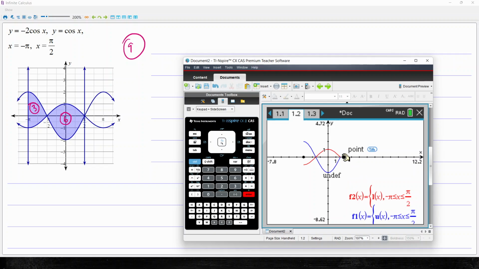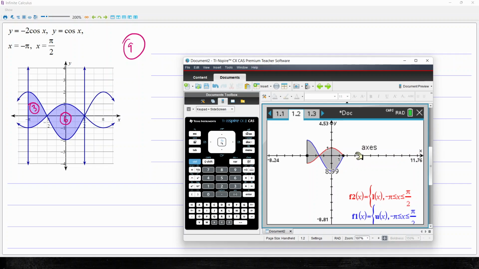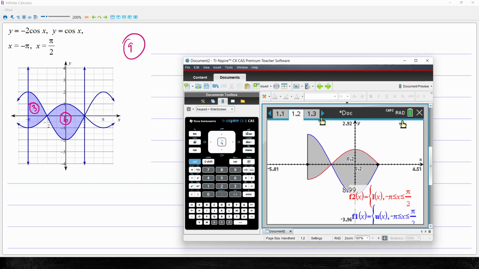And that comes out to be 8.99 or 9 because I think my point is a little bit out there. But if I can move it to exactly pi over 2, it will be exactly 9. So this is how you calculate the area trapped between the two functions. Even in trigonometry it works the same.